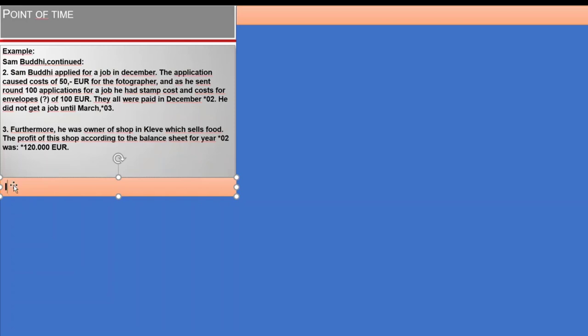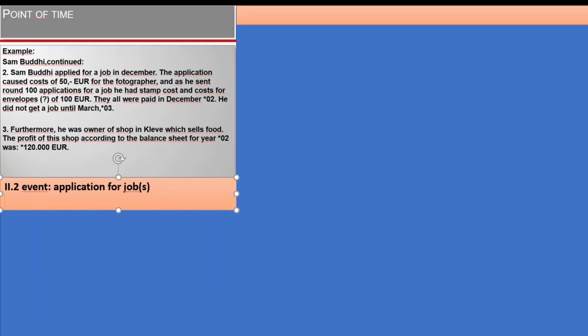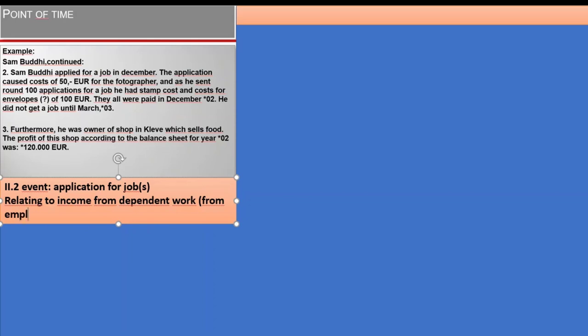This is 2.2. The event is application for job or jobs. This is clearly relating to income from dependent work or from employment, however you translate it.